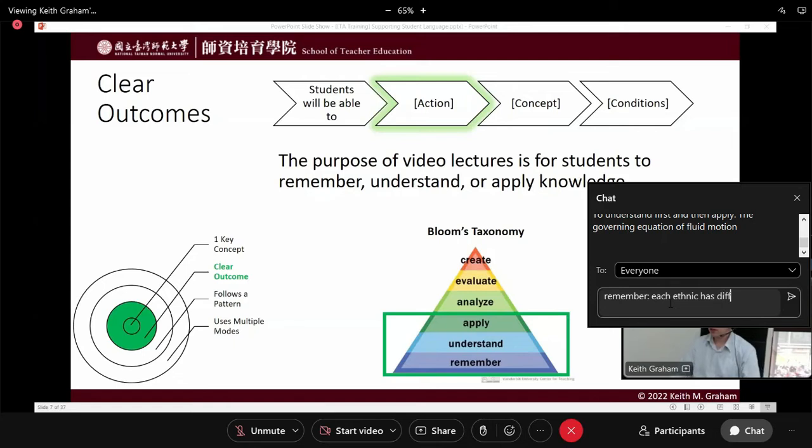Let's understand. Yeah, I like what was put in the chat just now, to understand first and then apply. So the governing equation of fluid motion. Now, I'm not in your subject, so I don't necessarily know what that is. But oftentimes if they're going to have to solve certain equations, it is going to be apply.